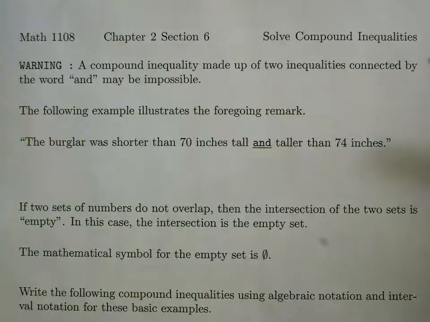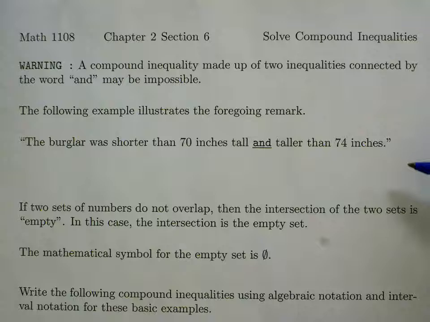A compound inequality made up of two inequalities connected by the word and may be impossible. So here's another example involving the burglar. The burglar was shorter than 70 inches tall and taller than 74 inches.